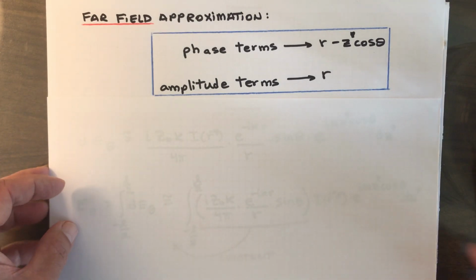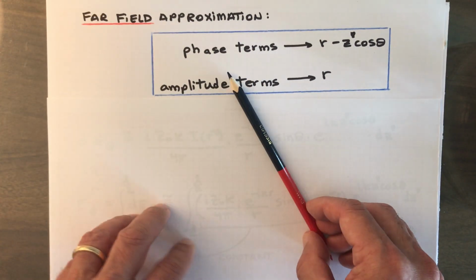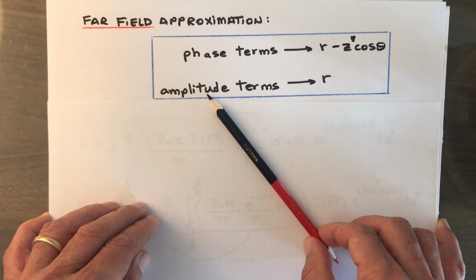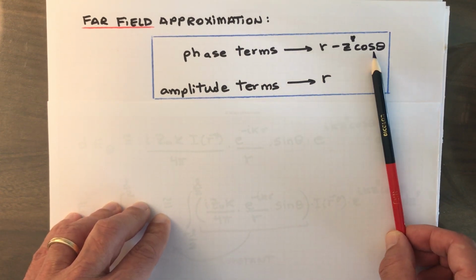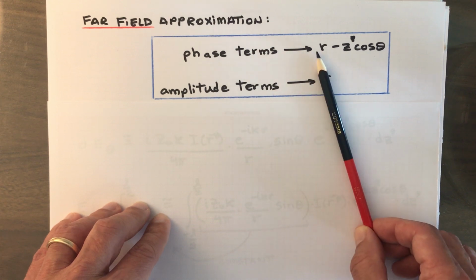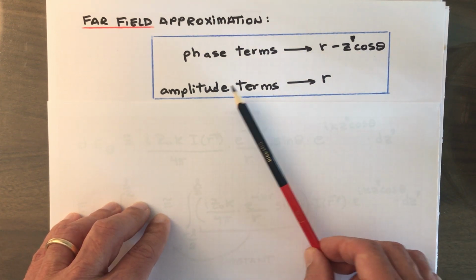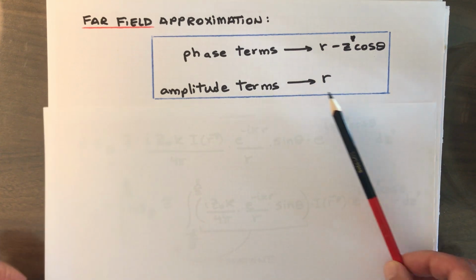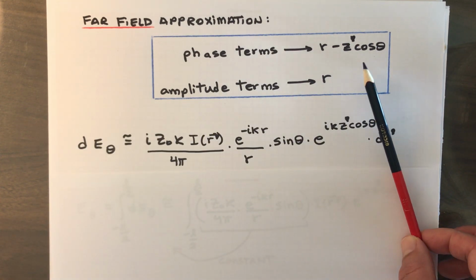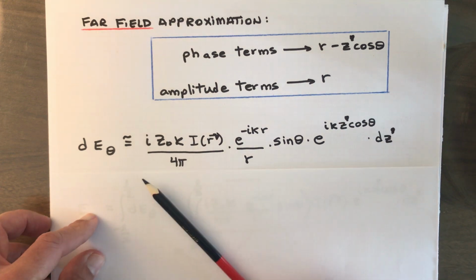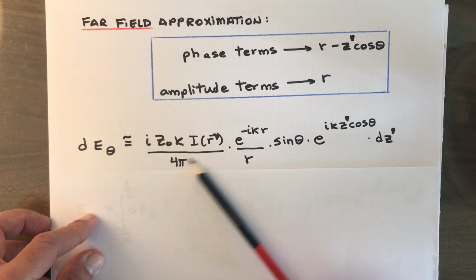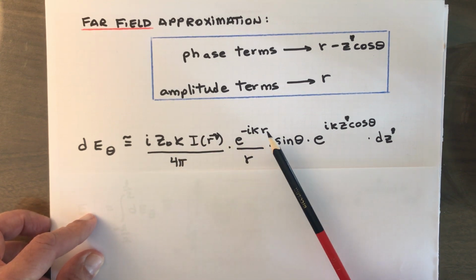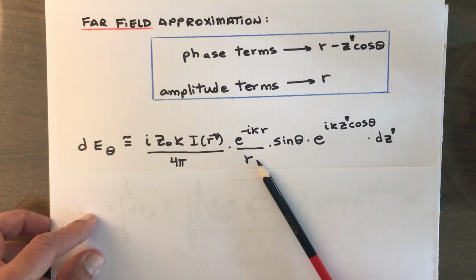So then let's write down in a summary what our far field approximation is. The far field approximation that we're considering is that the phase terms are going to go as r minus z prime cosine theta. Big R goes as little r minus z prime cosine theta, and the amplitude terms are going to go as r. So when we apply that approximation to our infinitesimal component of the electric field, we come up with dE theta almost equal to these constants times e to the minus i k little r over little r.